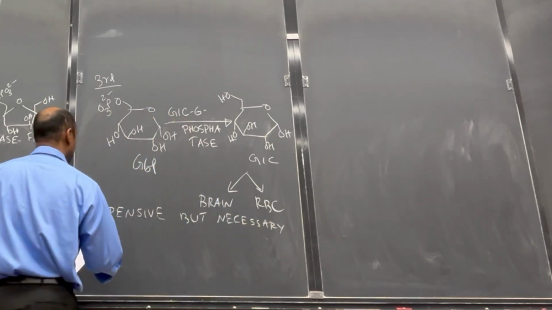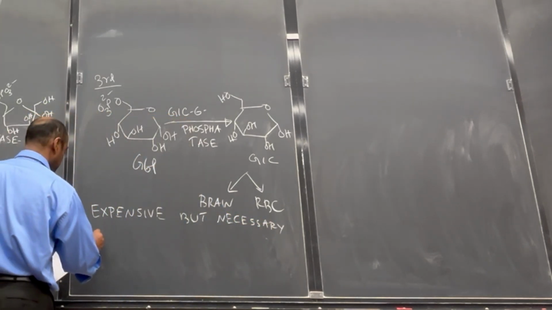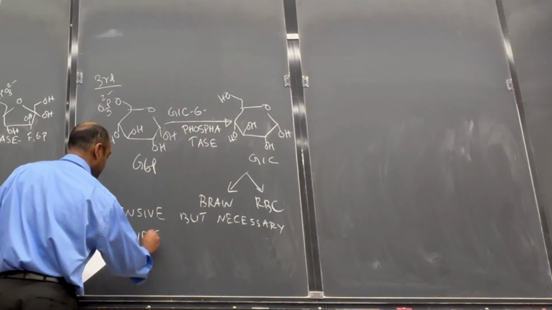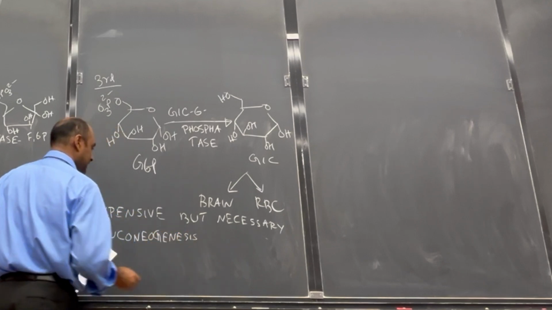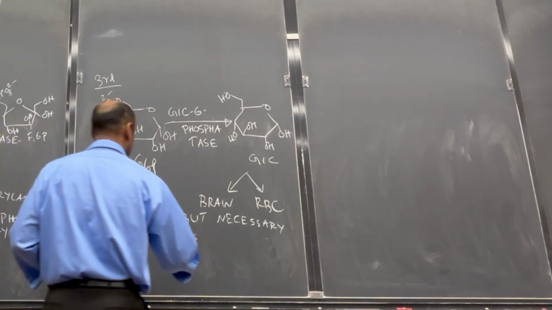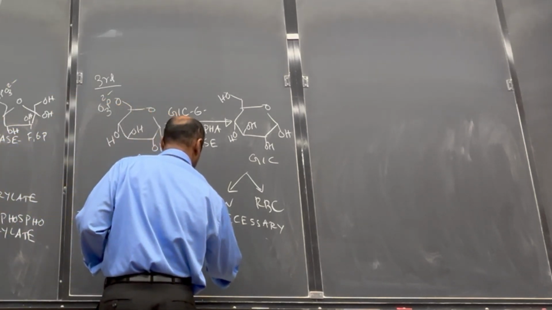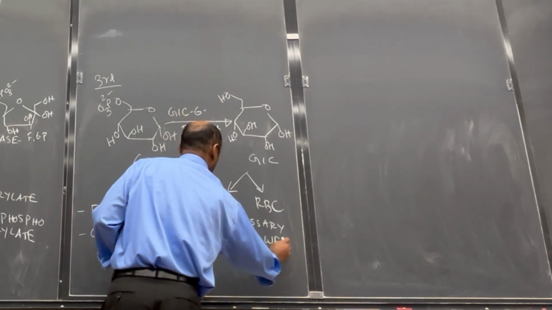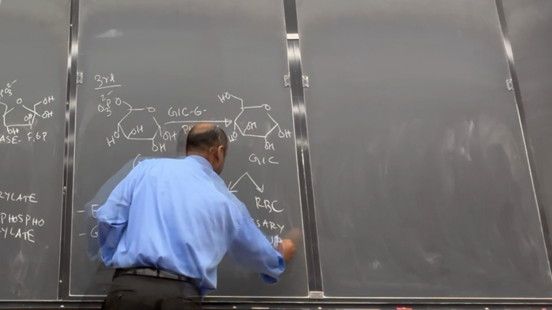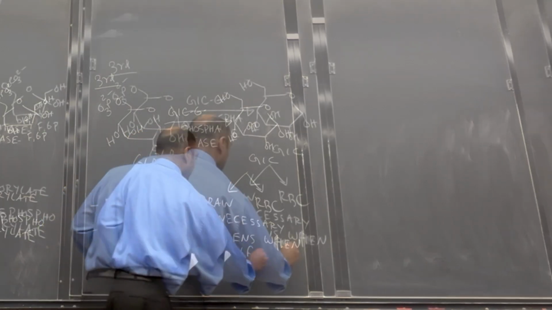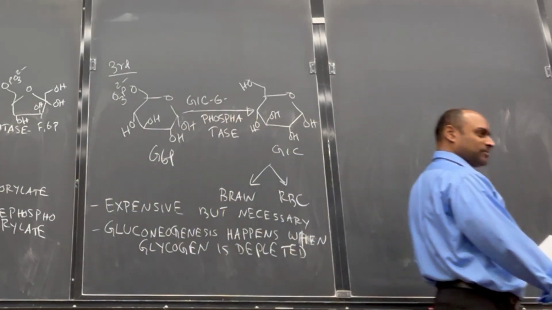And so gluconeogenesis happens when our glycogen storage is depleted, right? And where is glycogen stored? Glycogen is stored in the liver, also in the muscles.